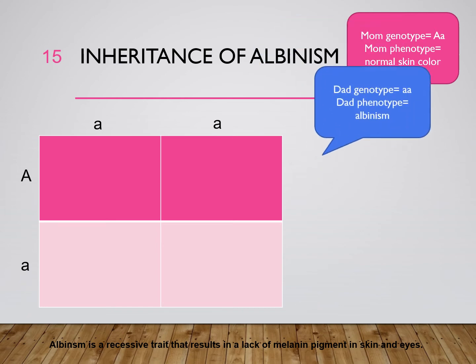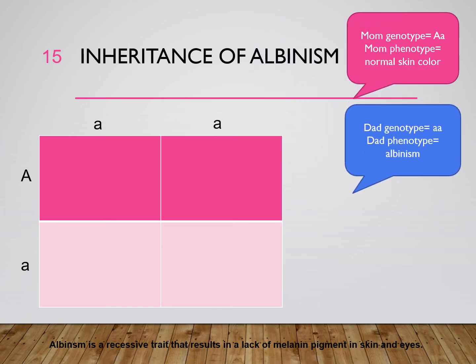Okay, dad is represented across the top, and he has a genotype of little a, little a, and to get a recessive trait manifested in the human, we need two recessive alleles. Okay, and so that's what we have here. Dad is going to have albinism.